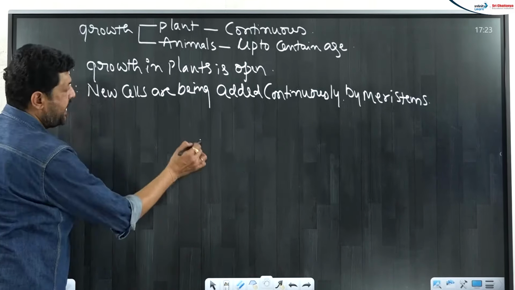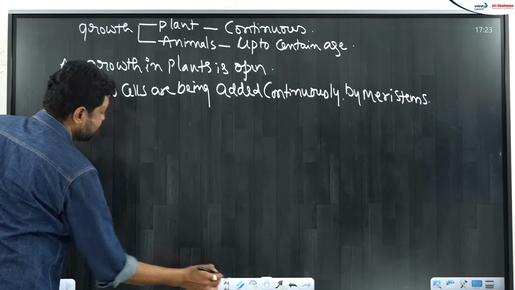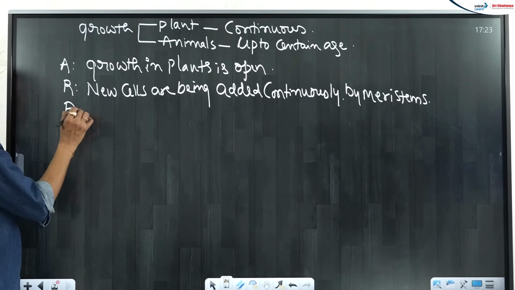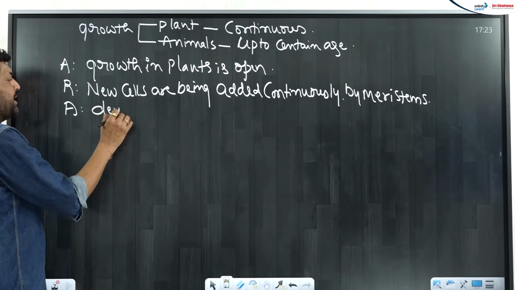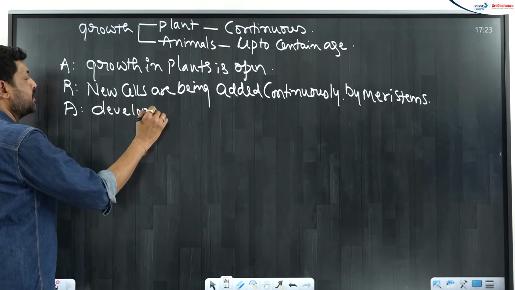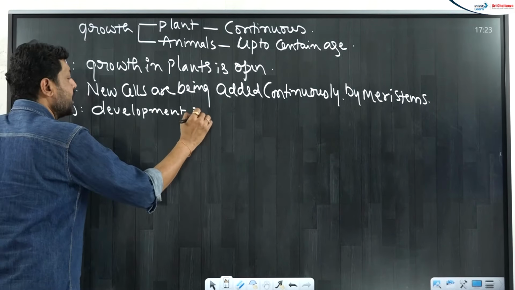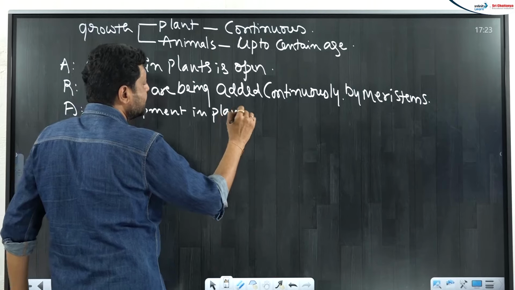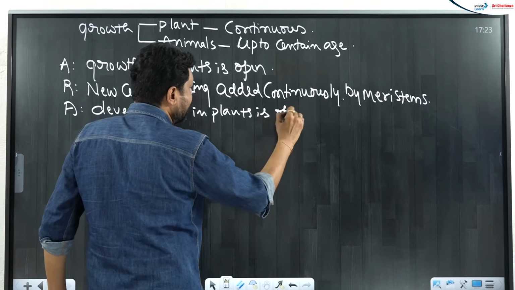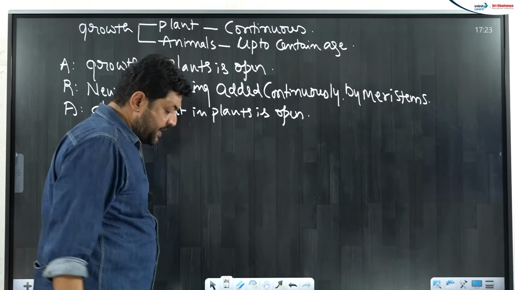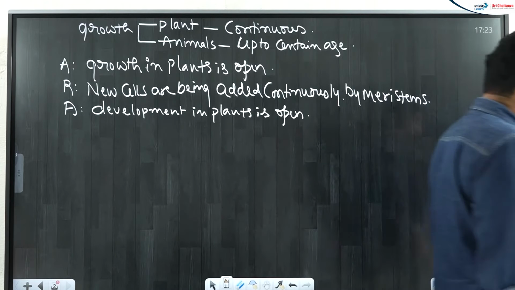Let us see the second assertion-reason question that is expected. Assertion: development in plants is open. Development in plants is also open.